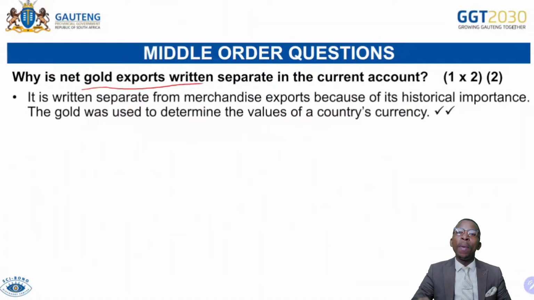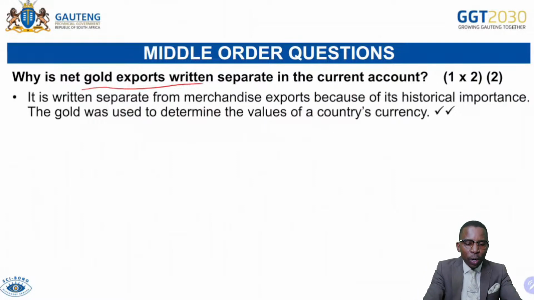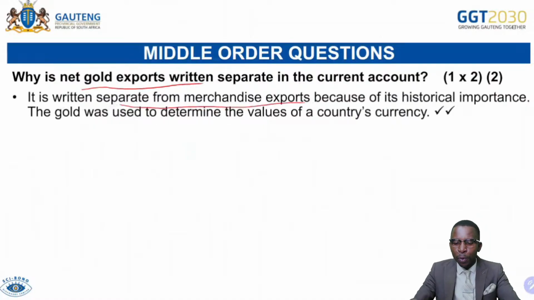The country with more monetized gold used to have a strong currency, and the country with less monetized gold used to have a weak currency. The gold was used to determine the value of the country's currency.